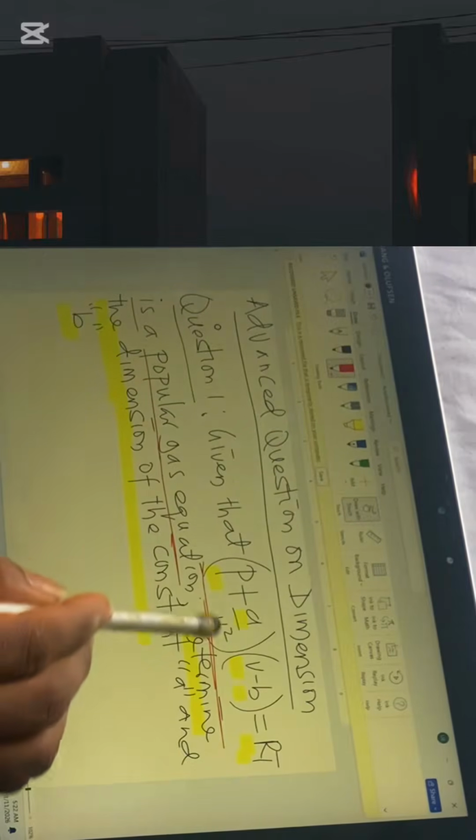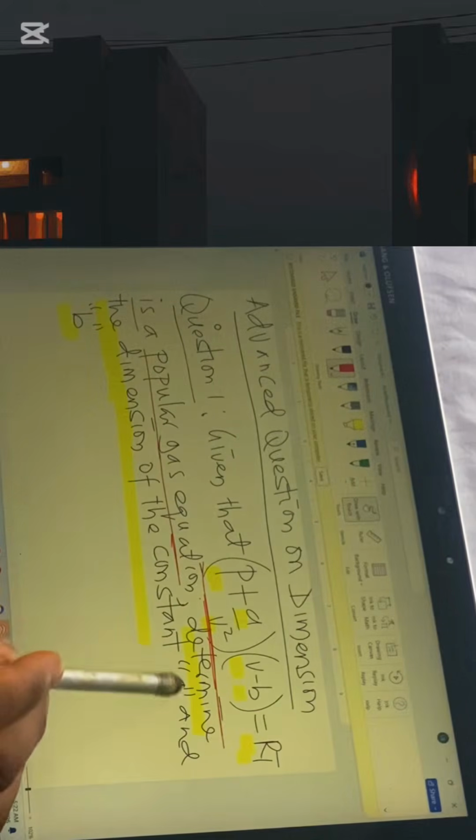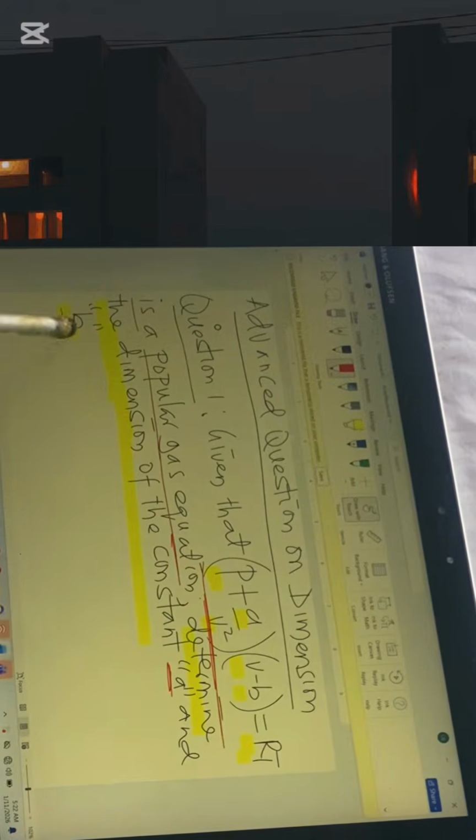We are going to know what to do later. If you make A the subject, make B the subject, the next step is to find the dimension of this. Please take note. So how do we find the dimension? Before you find the dimension of any quantity, you have to find the unit first, okay?